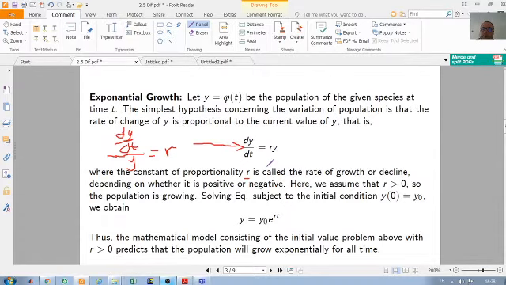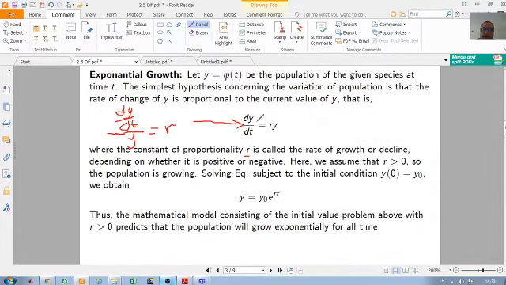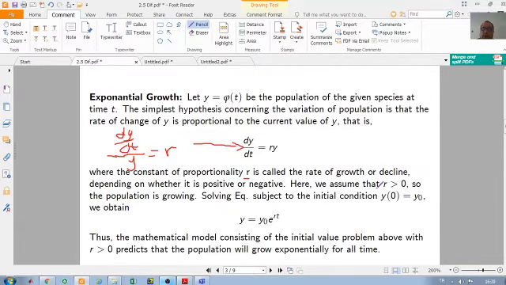If it is negative, we say that it is the rate of decline. Here we assume that r is positive, so the population is growing. Solving this differential equation subject to the initial condition y of 0 is equal to y0, at the beginning the population is y0.